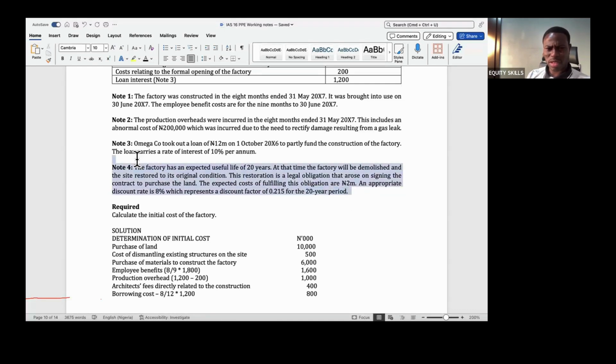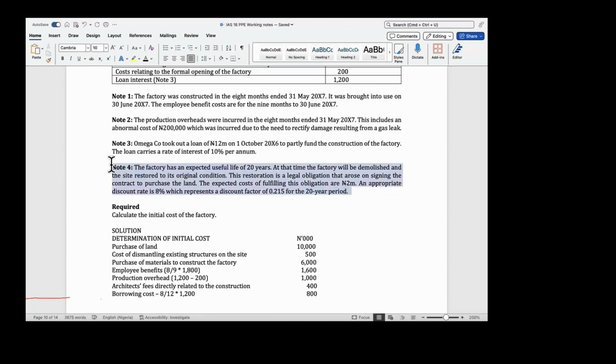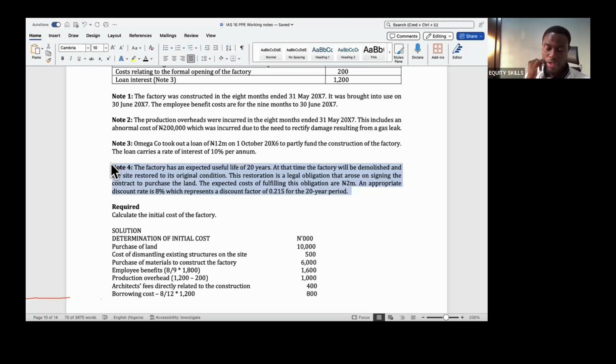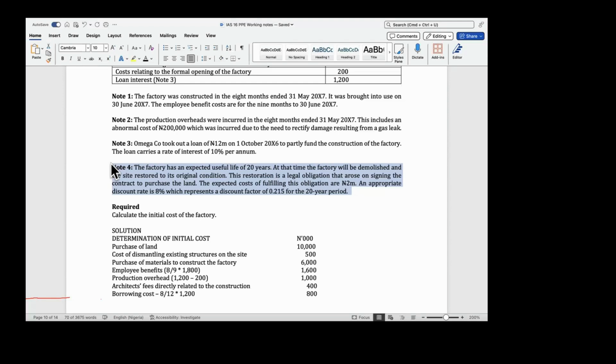What's this talking about? We have to discount the dismantling and restoration cost to the present value. Then we'll capitalize it. That's absolutely correct. So we usually capitalize the initial estimate of removal and dismantling costs.